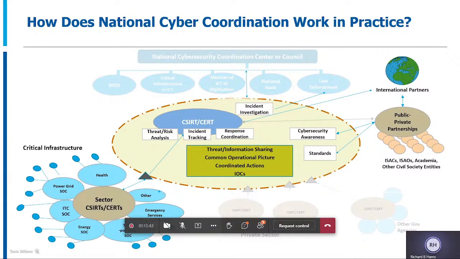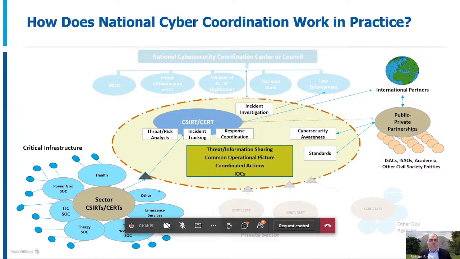Appreciate it. So you'll note that this diagram of a notional national coordination ecosystem is a common thread through this presentation. And part of the reason for this is to orient you on what's coming next, which is discussions of functions and activities that point toward the operationalization of national cyber coordination.